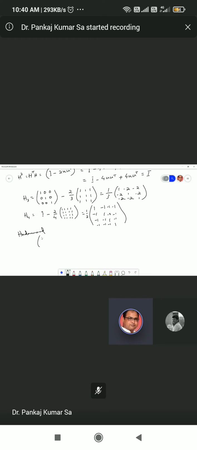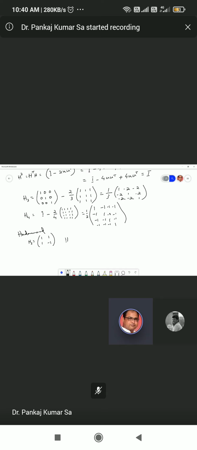One of them is 1, 1, 1, minus 1. Okay, this is Hadamard. Don't get confused, I'm using the same notation H2 for second order Hadamard.